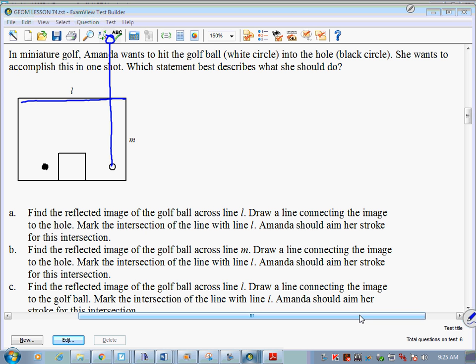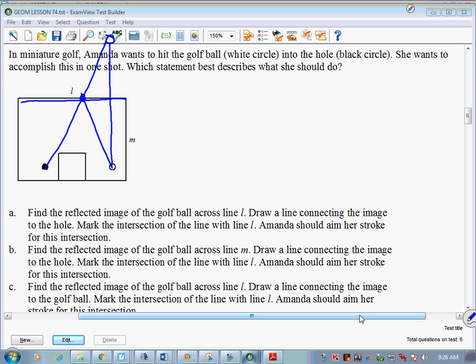Okay? From there, what I would want to do is draw a line from there to the hole. And now I'm going to look at where this point is, and I'm going to shoot for that point on the wall, and that should bank it into the hole. Okay? Which, I don't know.